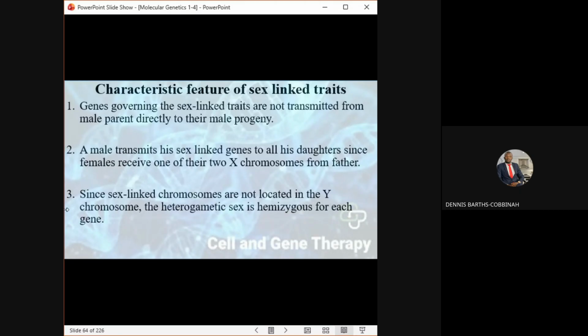You have only one of the alleles controlling a character. And that is observed in males and not in females, because the X chromosome is longer than the Y chromosome, and there are alleles on the X chromosome which are not present on the Y chromosome.